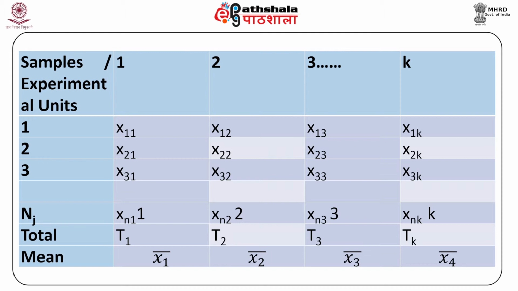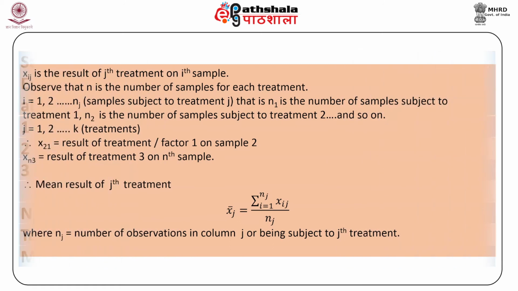The sum totals of the elements in the columns are t1, t2, t3 so on up to tk, and their means are denoted as x1 bar, x2 bar, x3 bar and so on up to xk bar. Now xij is the result of jth treatment on ith sample. Please observe that n is the number of samples for each treatment, and i is equal to 1 to nj, which is samples subject to treatment j.